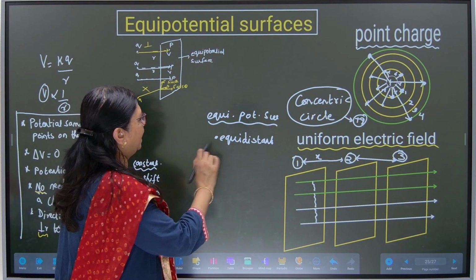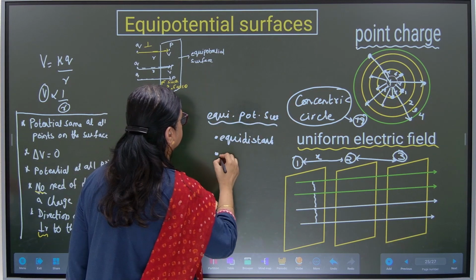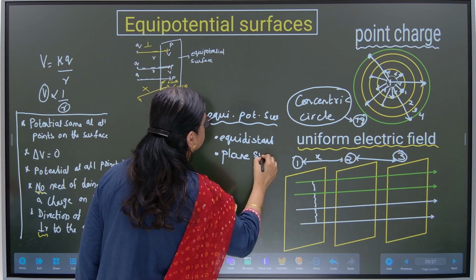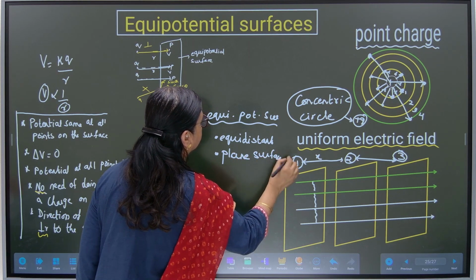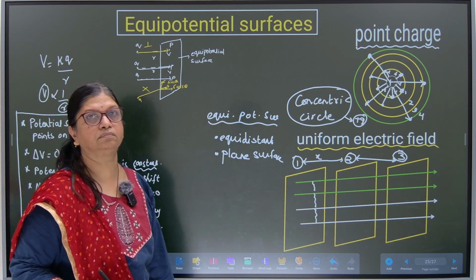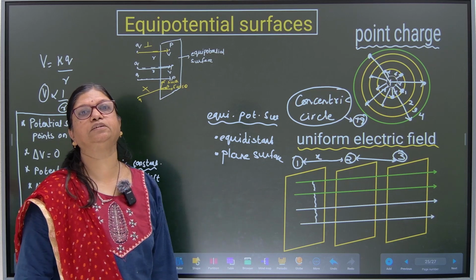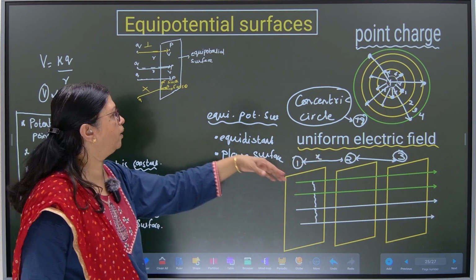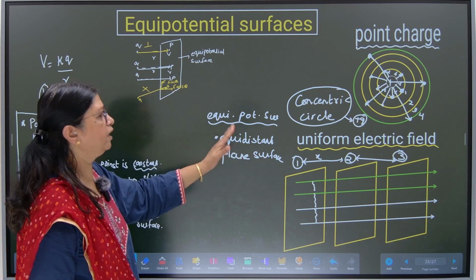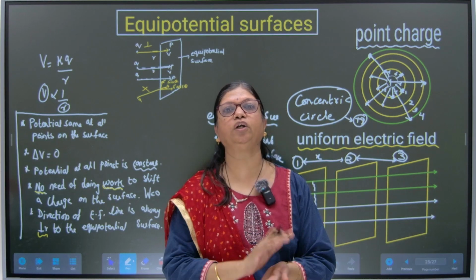Okay. Then, what is their shape? For a point charge it was concentric circles around the charge. Here it is a plane surface. So the moment these two words are used, it means the field is uniform. If the electric field is uniform, then the equipotential surfaces are equidistant and they are plane surfaces. Vice versa, you have to learn like that.